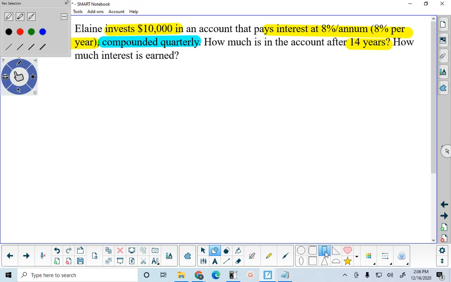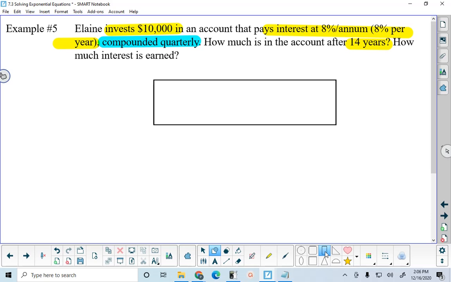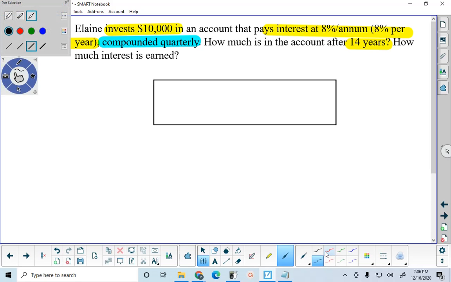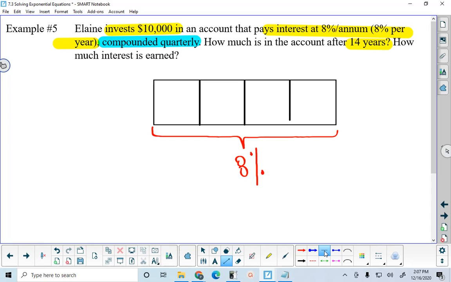So if this rectangle represents a year, and you were told that she gets 8% per annum, then the simple fact of the matter is she gets 8% per year. But since it's compounded quarterly, the bank takes that 8% and says, we're not going to give it to you all at the end of the year.